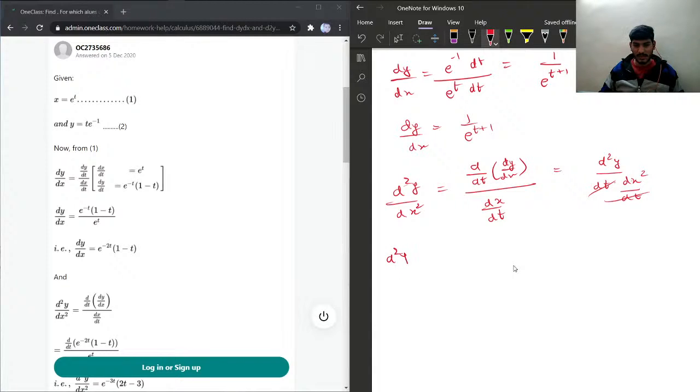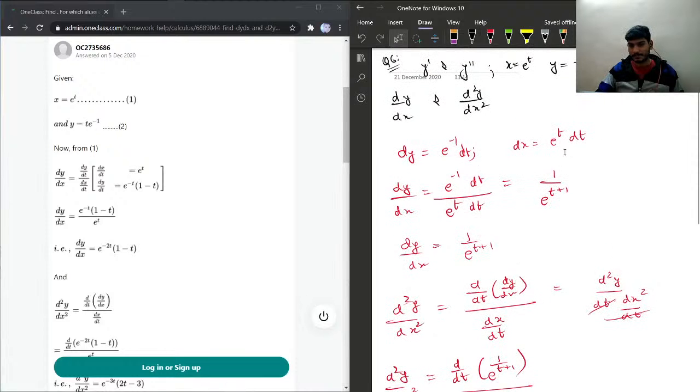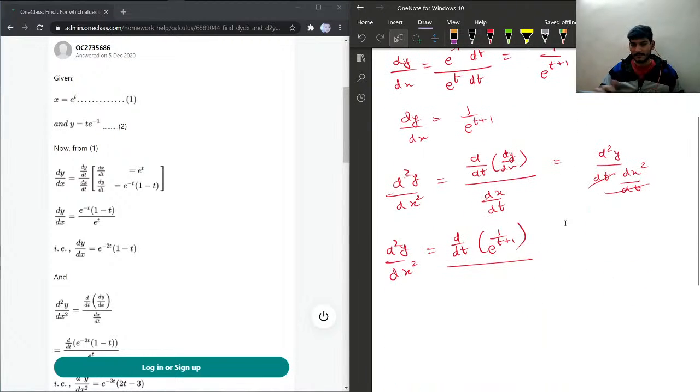So my second derivative of y with respect to x will be dy by dx, 1 over e power t plus 1, over dx over dt. So my dx by dt was e power t.